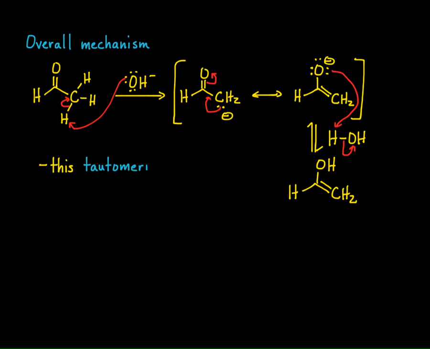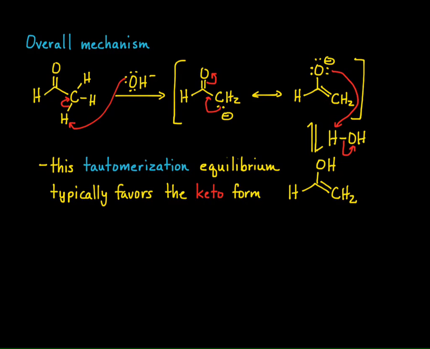And this is called tautomerization, and it is an equilibrium, and it typically favors the keto form. So keto coming from the ketone, but if we're talking about an aldehyde, it would favor the aldehyde form. So if we're talking about acetaldehyde, it's in equilibrium in basic conditions with its enol form.